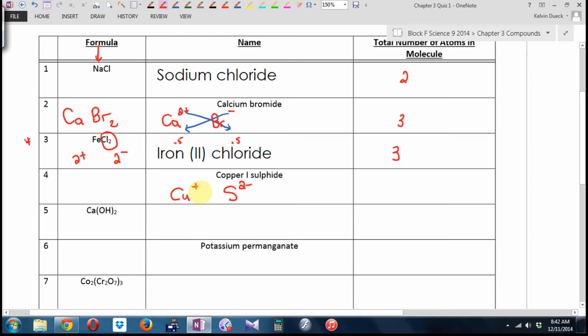That's what the Roman numeral 1 means. So now when I crisscross, I guess I'm going to get Cu and a 2 there. S, and I'm not going to write the 1. So for you to get full marks, half mark for Cu with a 2, half mark for S with a 1, but no 1. How many atoms? I guess once again 3.